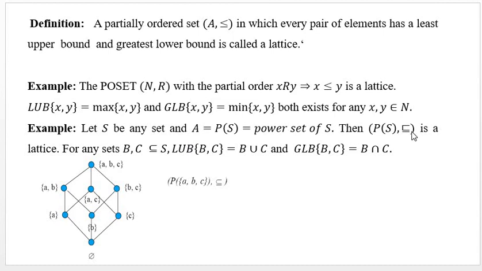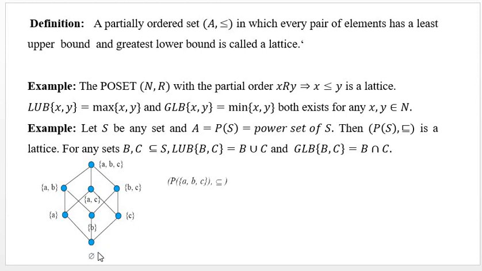To show this, consider arbitrary elements B, C in the power set of S. So LUB(B, C) equals B union C, and GLB(B, C) equals B intersection C. So in the partially ordered set, if you consider two arbitrary sets B and C, B union C and B intersection C exist for every such pair. Hence, P(S) under set inclusion is a lattice.